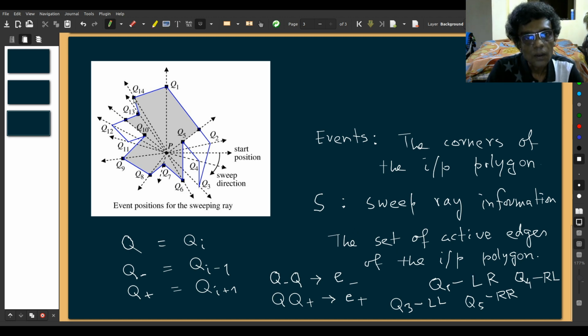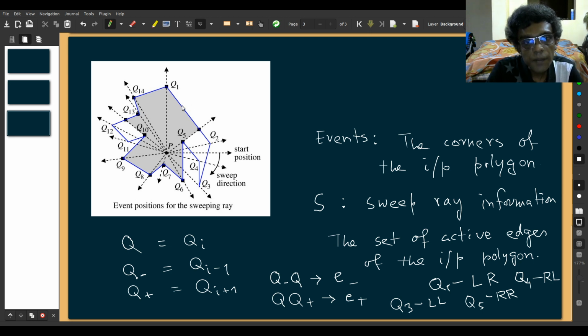So for example, Q14 was active before Q1 happens, but since it is to the left and this sweep line will anyway move to the right, Q14 will no longer stay active. So left means leave segment, or a leave edge.